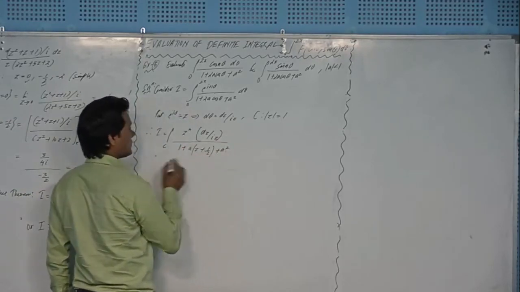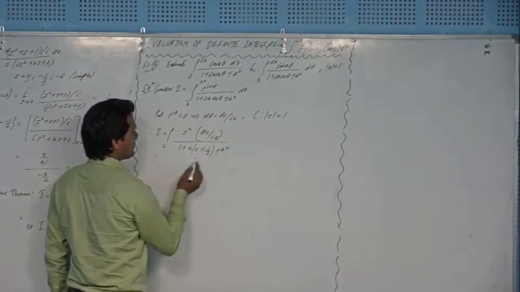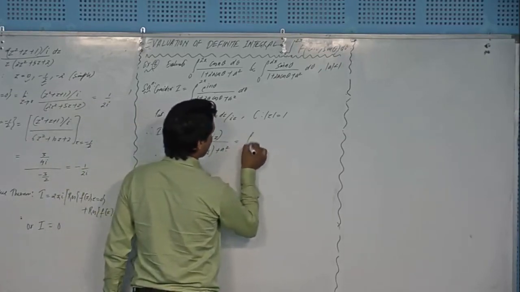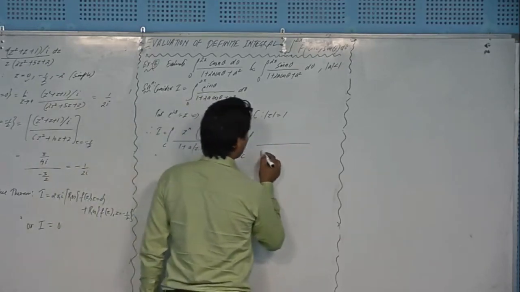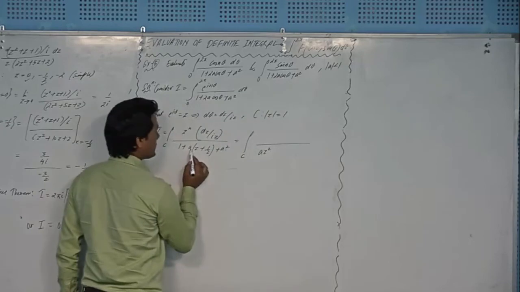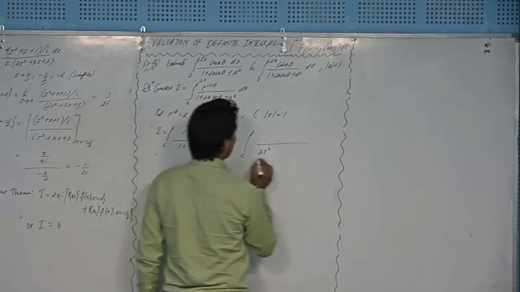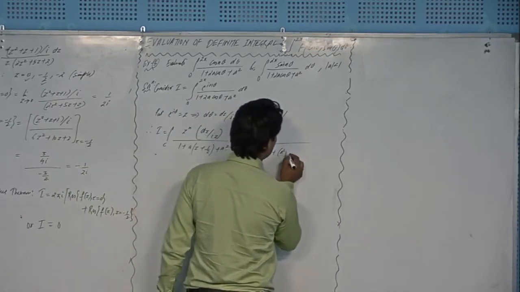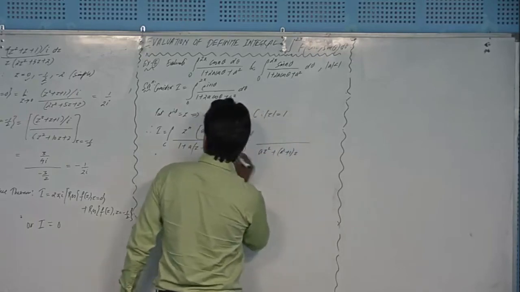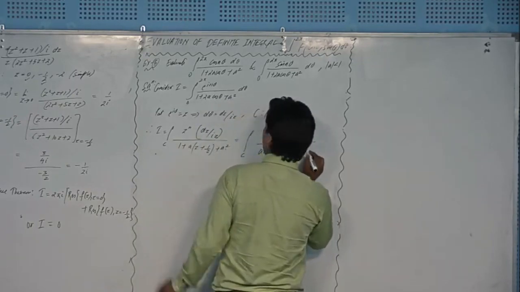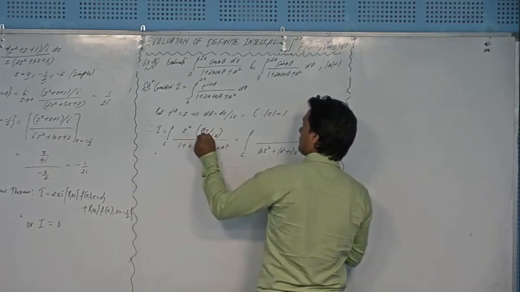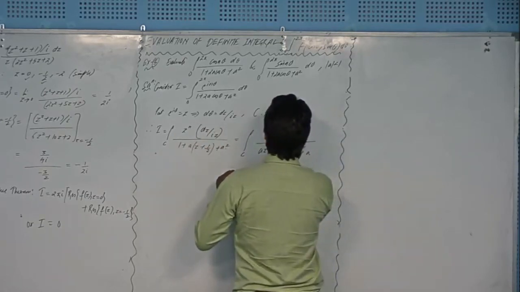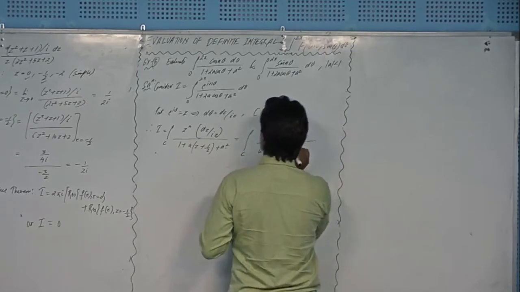Taking LCM in the denominator, I get az square plus a square plus 1 times z plus the constant term a. In this, z and z cancel out, and this becomes z to the power n over iota dz.